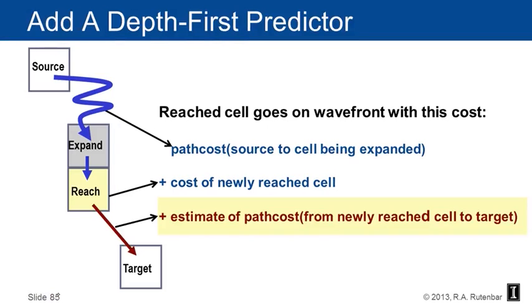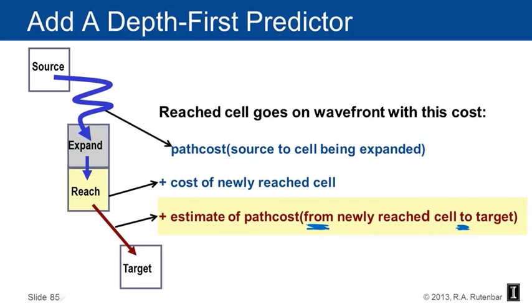There's a different way you could do it. We could add one more term. We could add an estimate of the path cost from the newly reached cell to the target. And so roughly speaking, this says that instead of putting things in the wavefront indexed by how much it costs to get there, we're going to put things into the wavefront indexed on how much we think the whole route that touches the target and completes the wire costs.